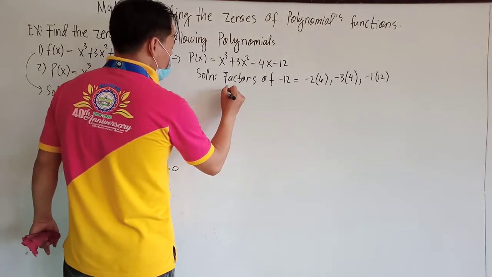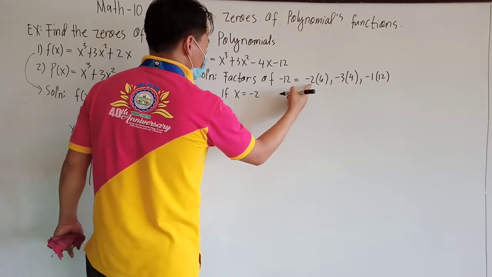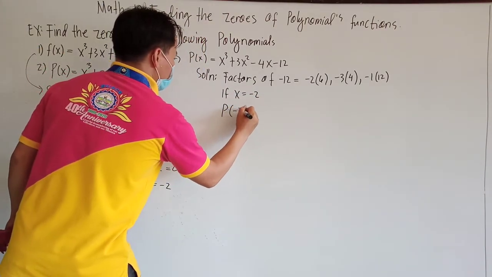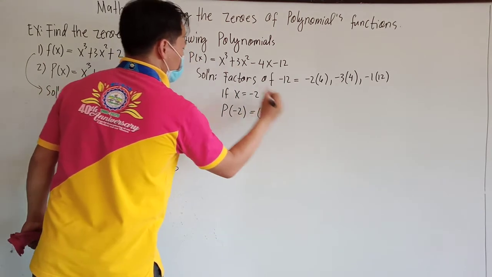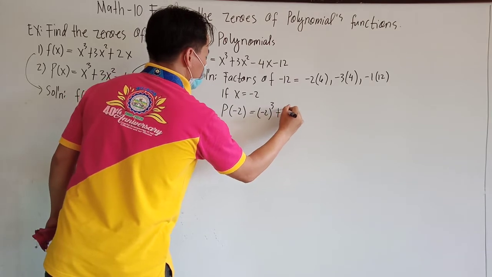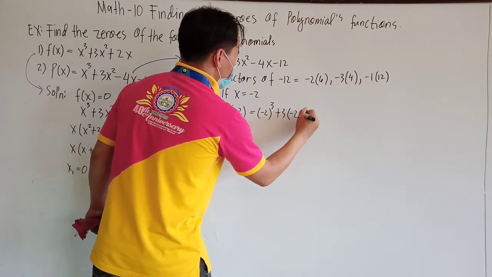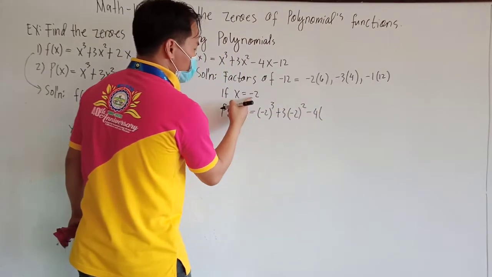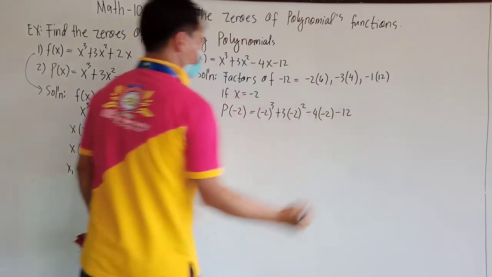For example, if x is equal to negative 2, we have p of negative 2 is equal to negative 2 to the power of 3 plus 3 times negative 2 to the power of 2 minus 4 times the value of x, which is negative 2, minus 12.